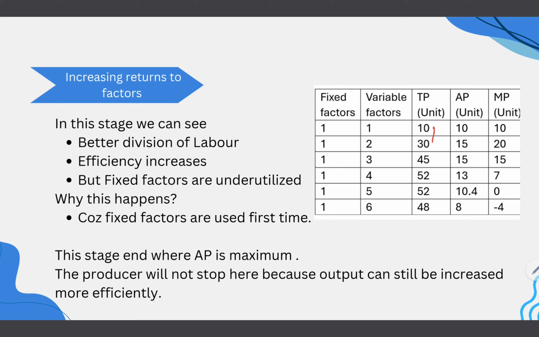Then why does this happen? In this stage, it happens because of better division of labor. When labor is efficiently divided and works efficiently, we get extra output. The addition of the variable factor causes process-based division of labor that raises the efficiency of the factor.